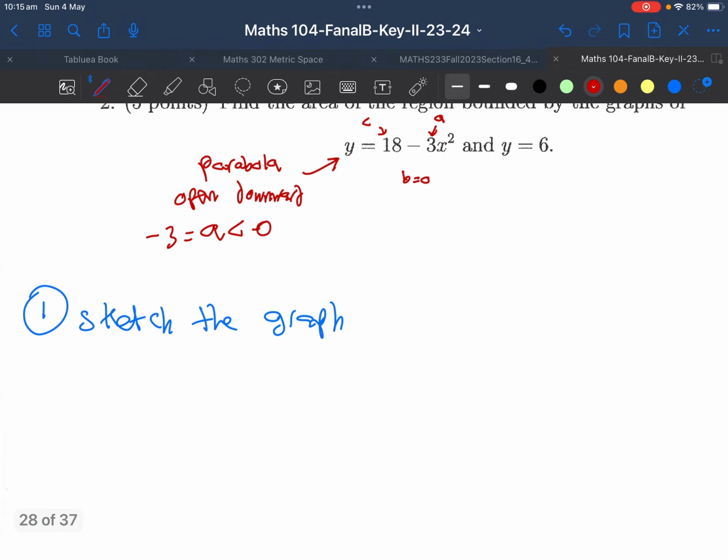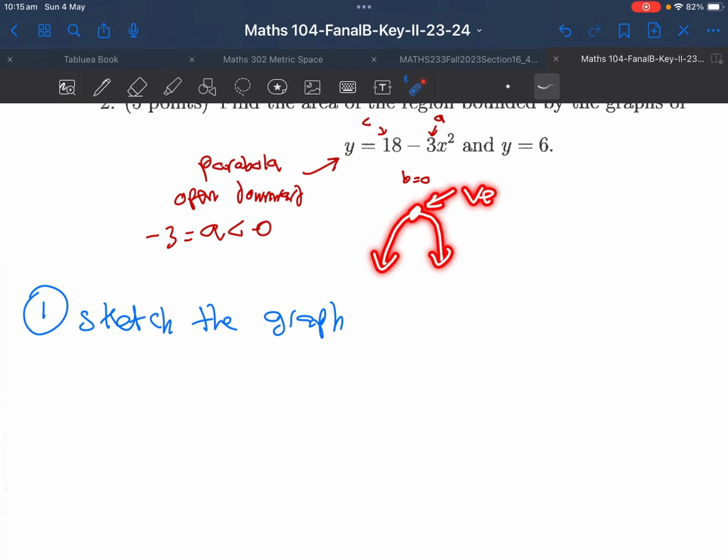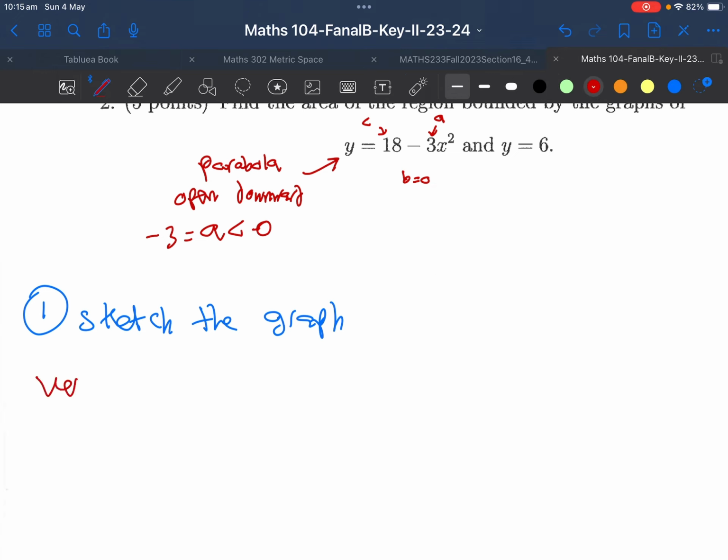Now, how do we sketch the parabola? We know the parabola is open downward. We need to find this point, which we call the vertex. How do we find the vertex? Now, the vertex consists of 2 numbers, x and y. How do we find x? x is just negative b divided by 2a.